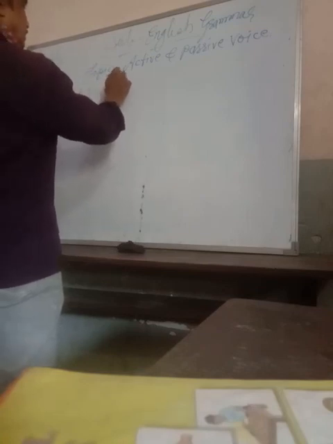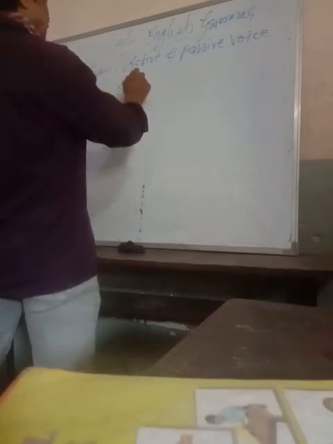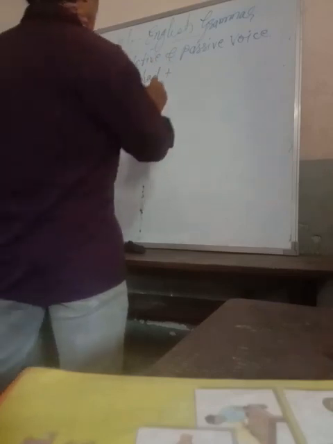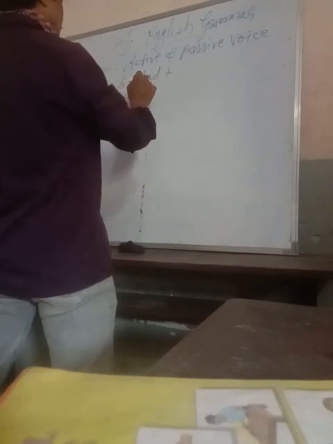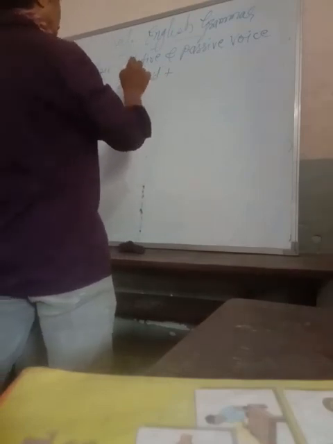Past perfect. This is the last one I am going to take. Past perfect formula will be plus had. Only had comes here. Past tense of the form of have. Had is the past form of have.